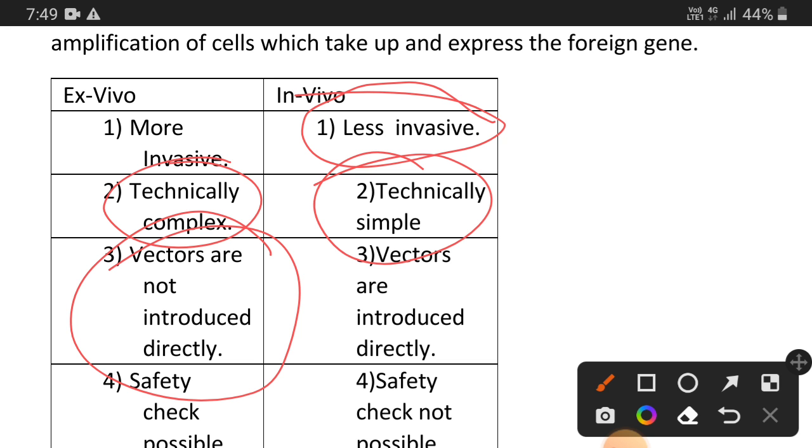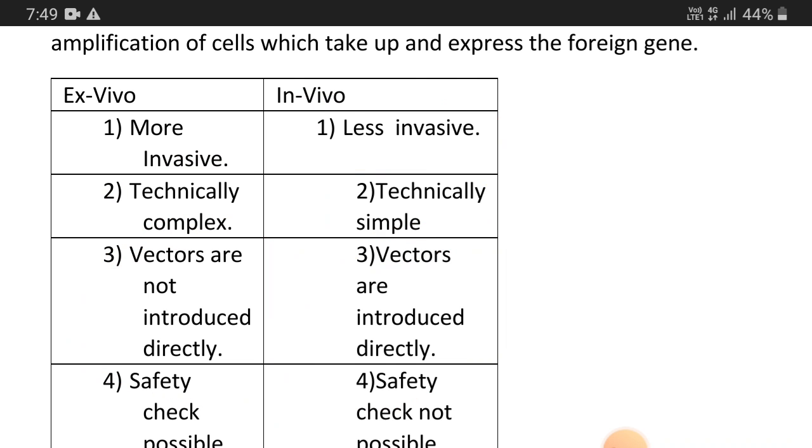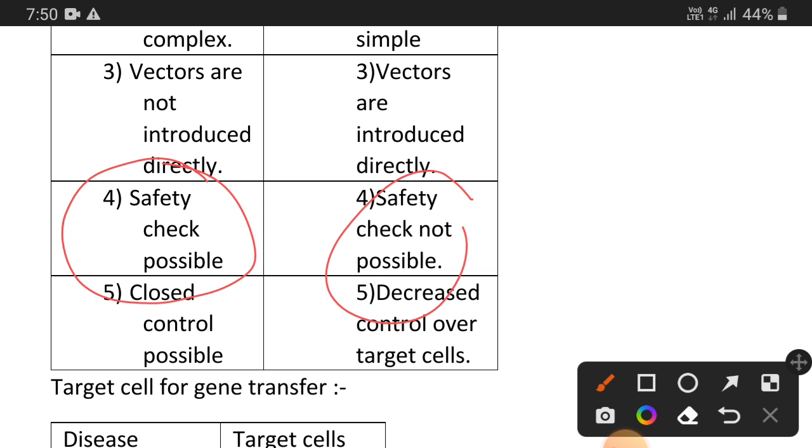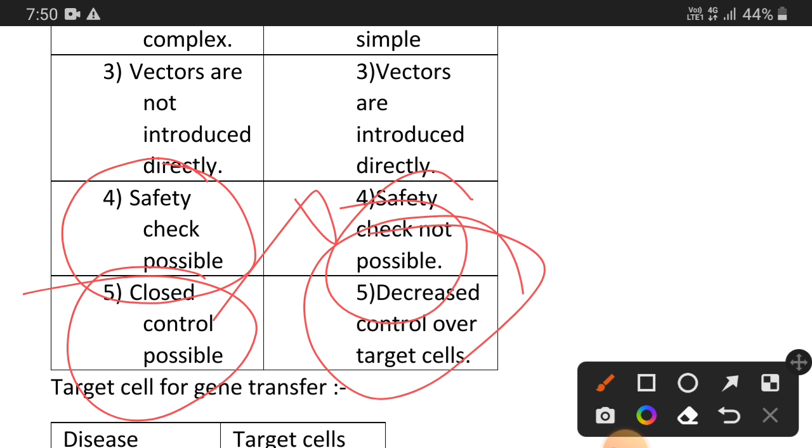We are correcting the cell, then transferring the cell, not the vector, but here we are inserting the vector. Now, a safety check is possible in ex vivo, because we have the control to transfer only our corrected cell. But here a safety check is not possible. Close control is possible in ex vivo, while in vivo there is decreased control over the target cell.